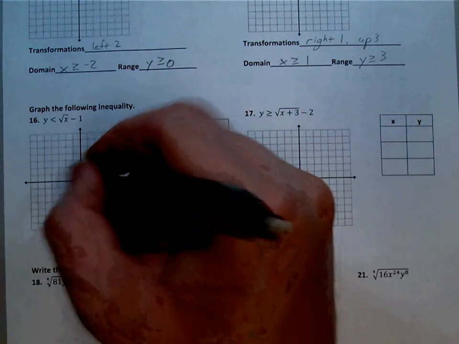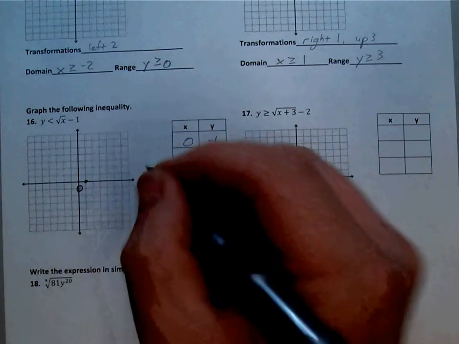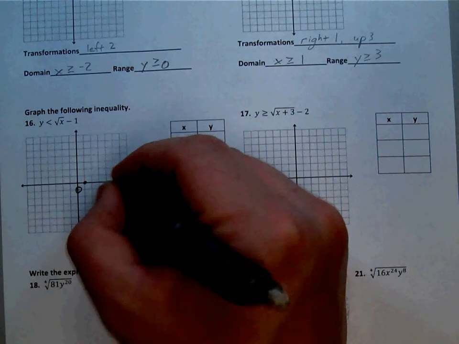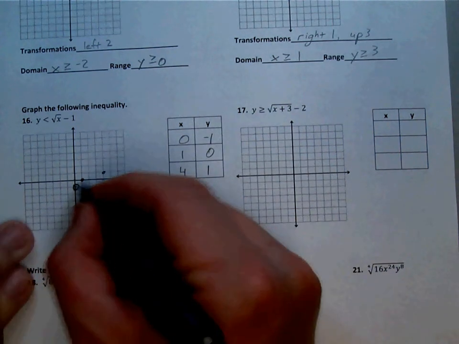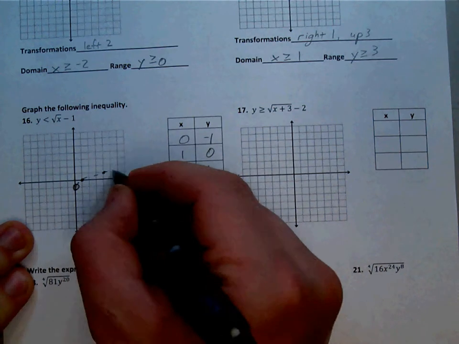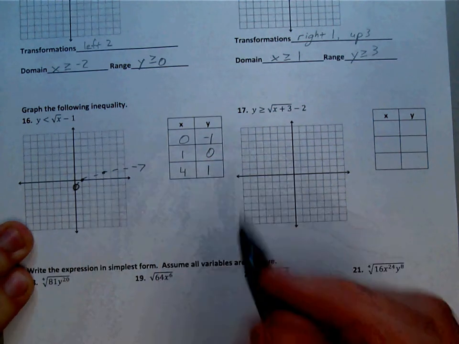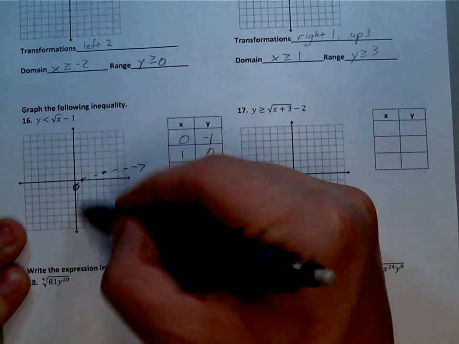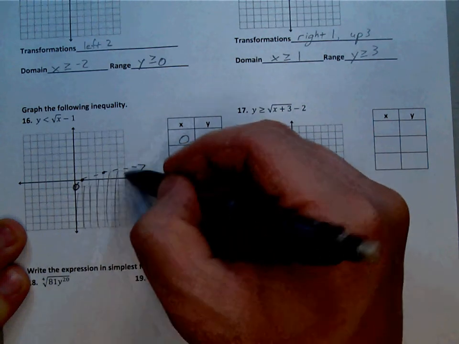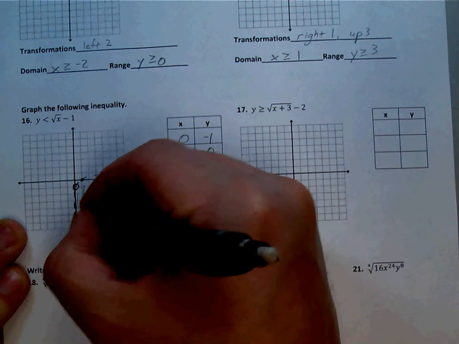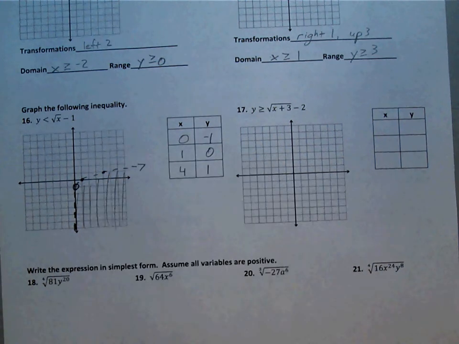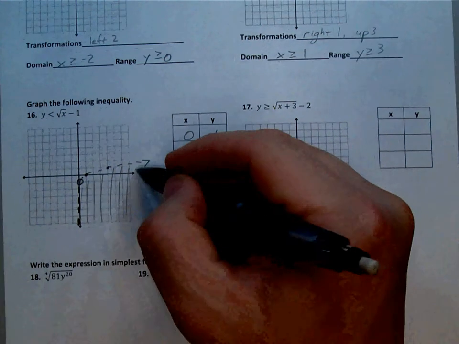So open circle there. And so then I connect these with a dashed line. I need to shade below that. So I shade everything below this. Now, directly below that open circle would have been a dashed line, because I can't actually equal that line.